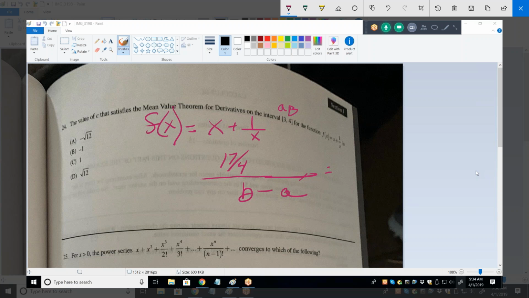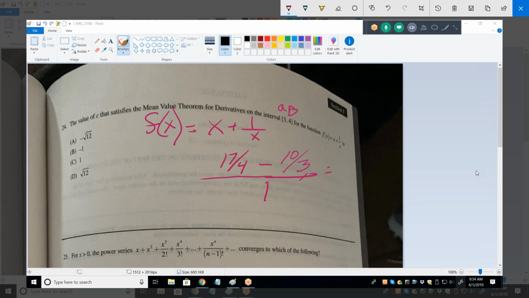That's f of b. Okay. What's f of a? F of a is 10/3. And b minus a is 4 minus 3. Okay. So that is our slope between the points 3 and 4.